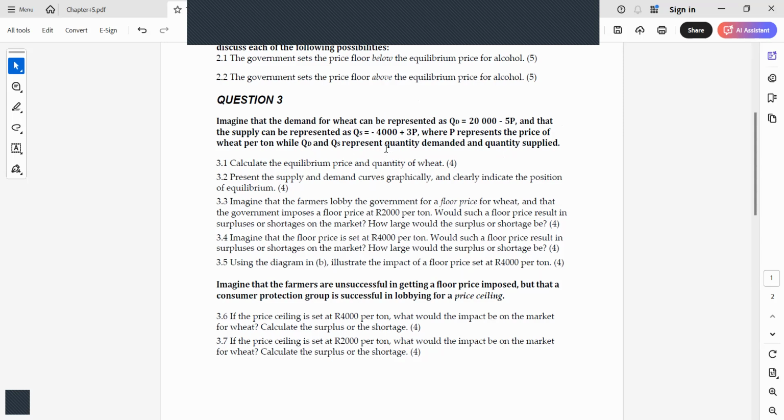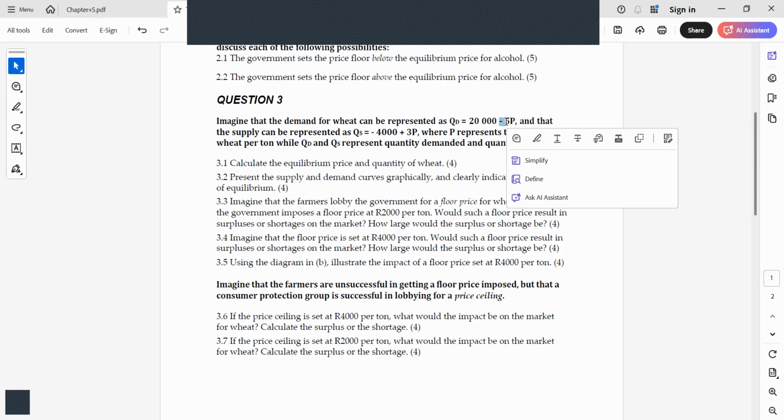So basically here, they've given us the equation for quantity demanded, which is 20,000 minus 5p. This negative here indicates that this equation is for demand. Even if quantity demanded was not written, the negative sign should indicate that this is the equation for demand.